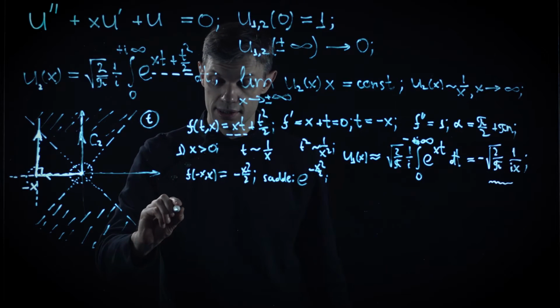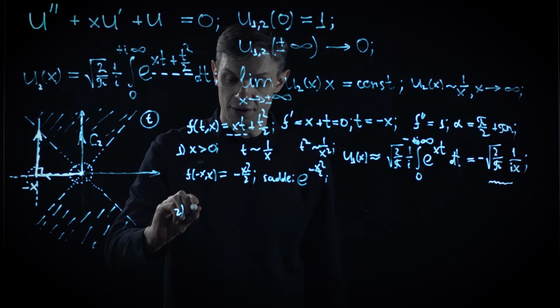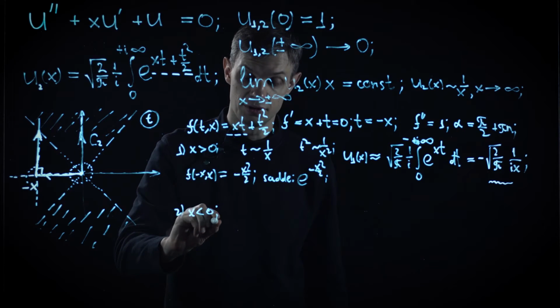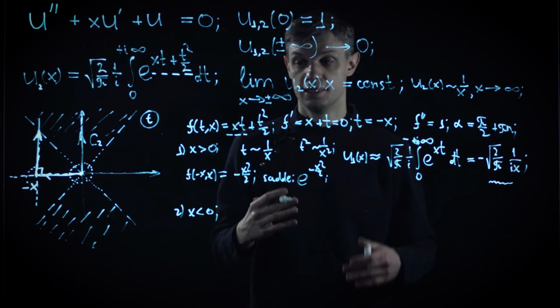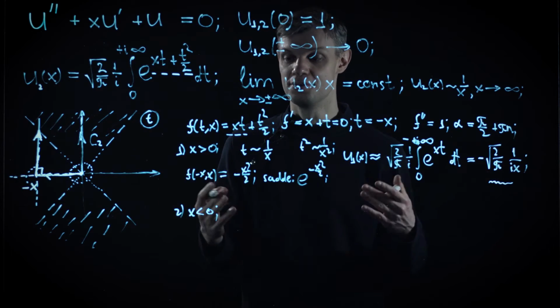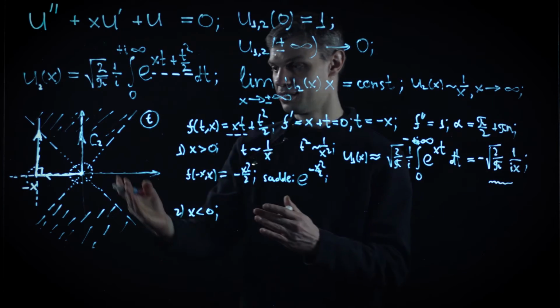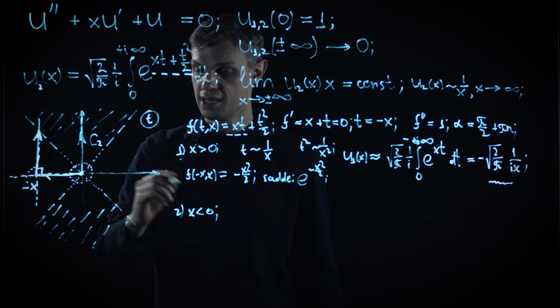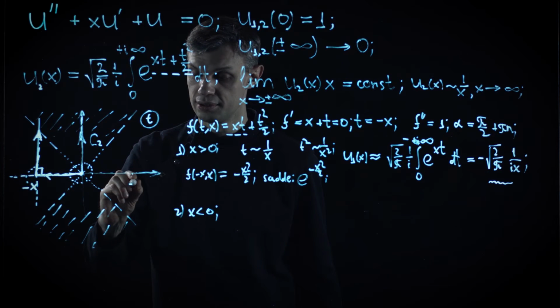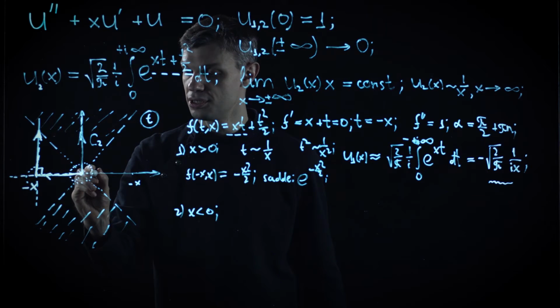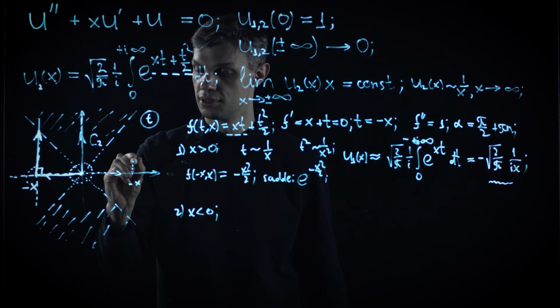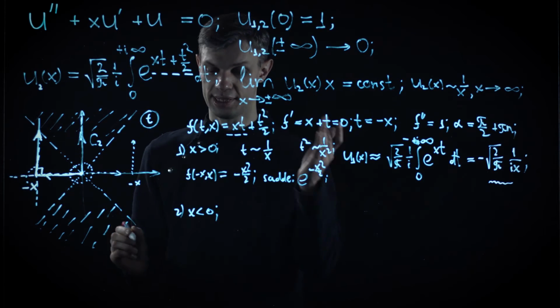And here we are. So in complete analogy, for negative x, the whole procedure goes in the same way, but like a mirror symmetry. So for x negative, the saddle would be here, and the contour deformation would go symmetrically into the right-hand side.